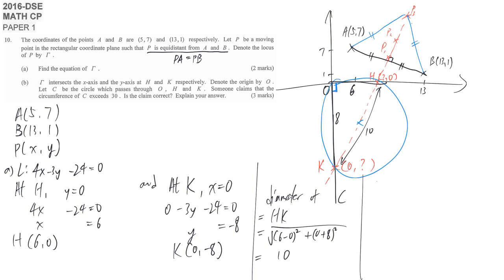So now the circumference is equal to 2 pi r, that means diameter times pi. 10 times pi, we get 31.4 something, which is larger than 30. Then go back to the question, is this claim correct? It fulfills the requirement, so this claim is correct.